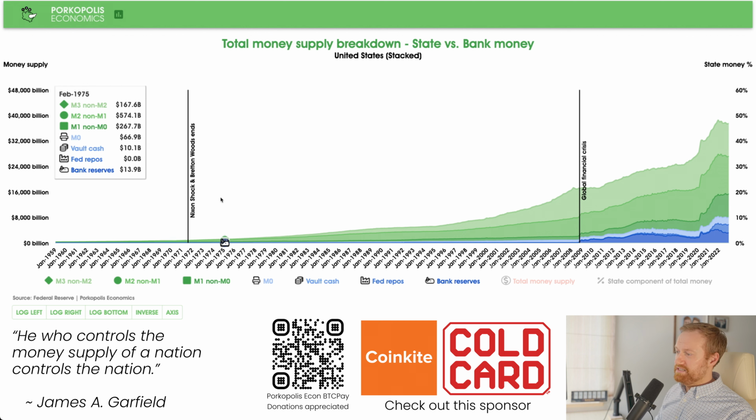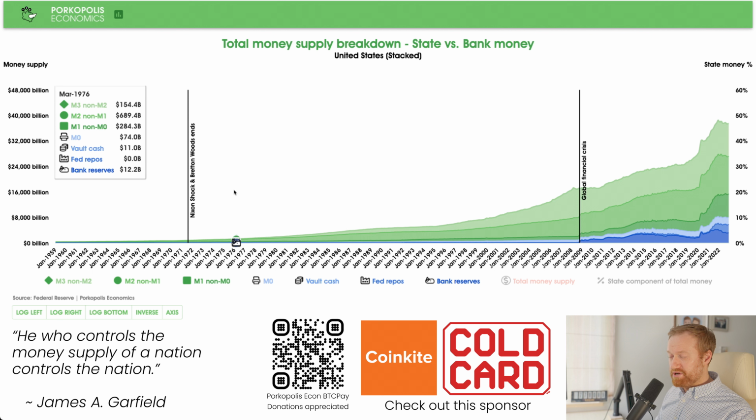But this is the total liquidity for the United States dollar. Total money in the economy. State money in blue, bank money in green, total dollars sloshing around the United States economy and the global economy in some sense as well.